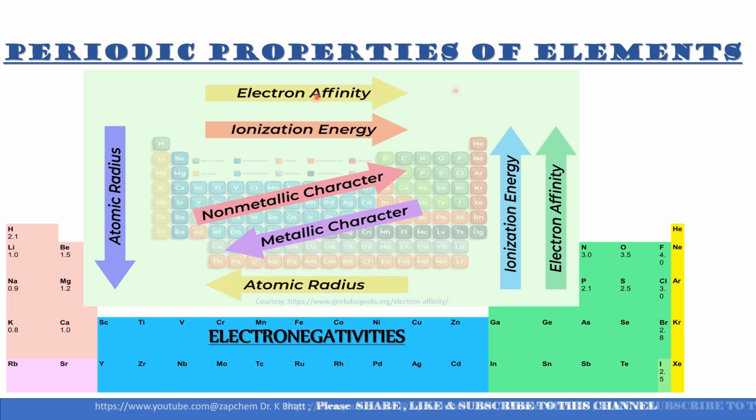As we know, electron affinity is the amount of energy released, usually in kJ per mole, when an electron is added to a neutral gaseous atom.